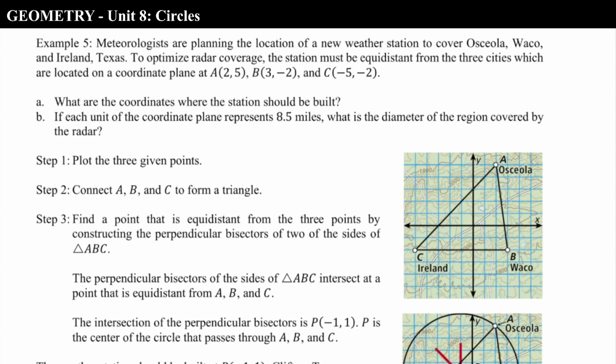So the first thing you would do is plot the 3 given points, which is done here, okay? Then we connect A, B, and C to form a triangle. Then we're going to find a point that is equidistant from the 3 points by constructing the perpendicular bisectors of 2 of the sides of triangle ABC.